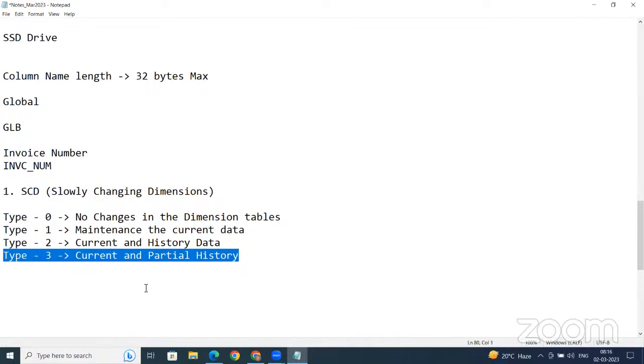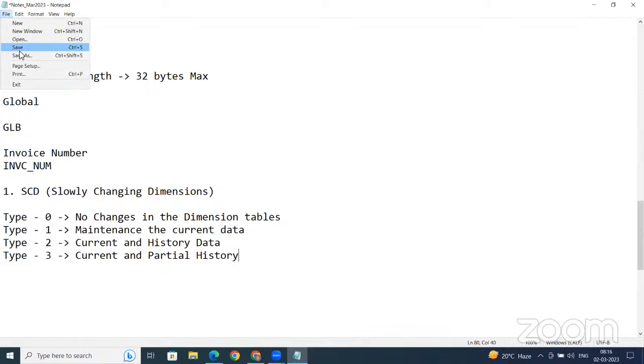So here we'll check the current information and partial history, previous information. That's it. Based on your organization's needs, you need to design the dimension table for how you want to maintain it. So that is the reason we call it a slowly changing dimension.